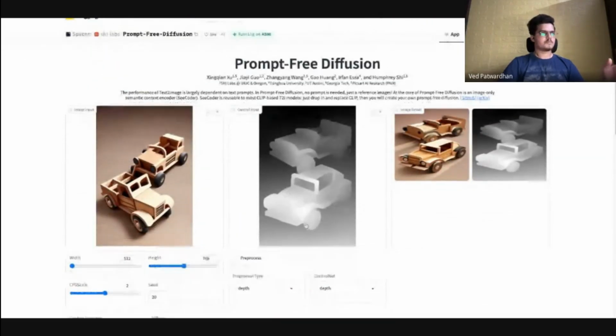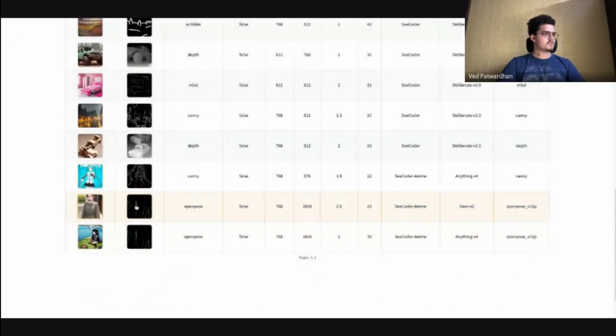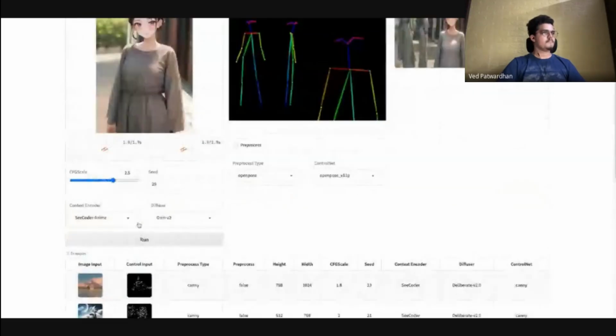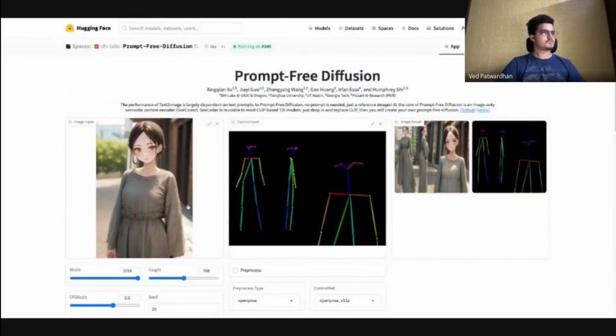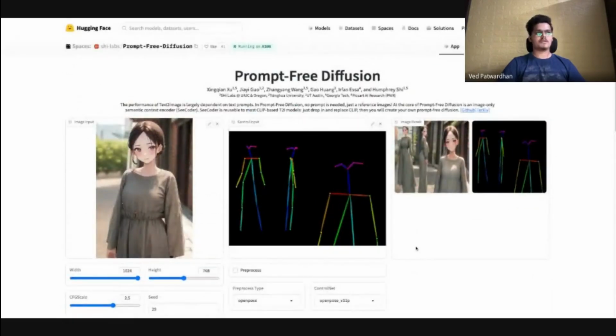There's quite a lot of things which they've tried out. For example, this is a depth image where you show the orientation of the two cars, and then it uses the original one to get the other one. And there's also the open pose representation. Obviously there can be any number of representations, which totally depends on the capacity of the encoder which you're using instead of the decoder.